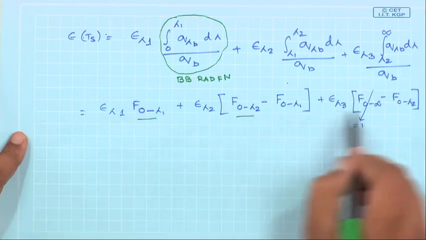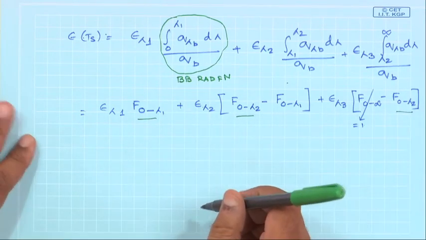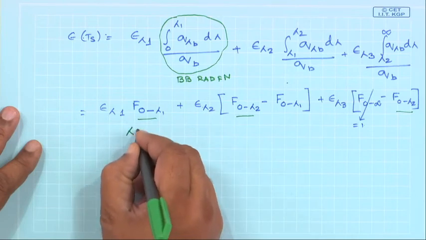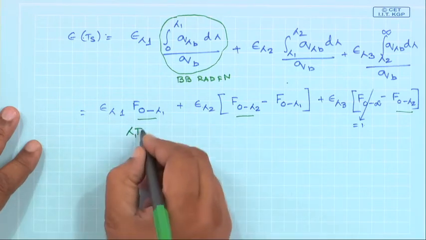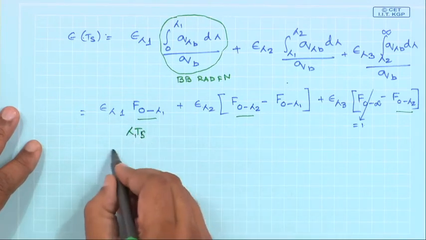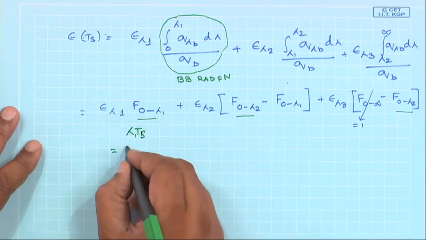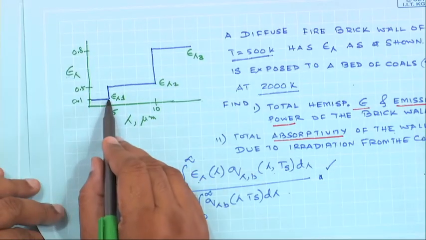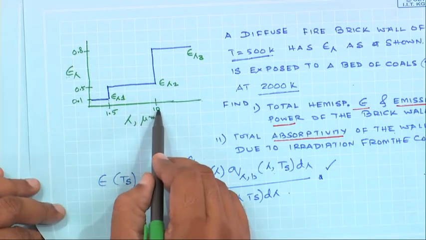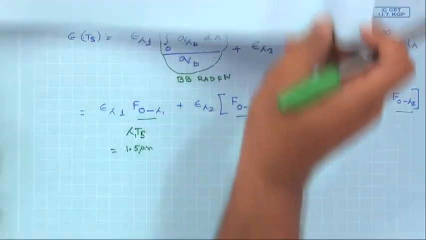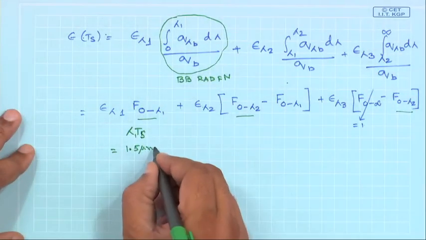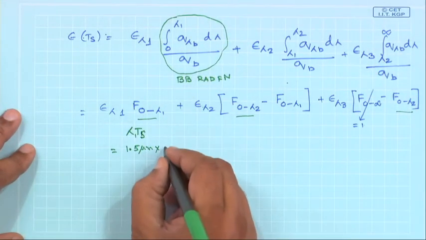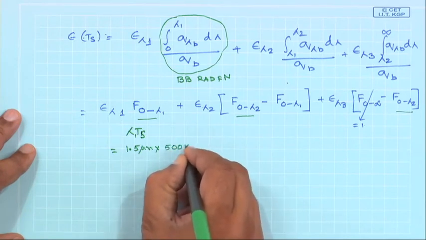In order to evaluate these, I need to first find out what is lambda 1 Ts. The lambda 1 in this case is 1.5 micron; lambda 2 is 10 micron and so on. So, lambda 1 is 1.5 micron times Ts, which is 500 Kelvin.